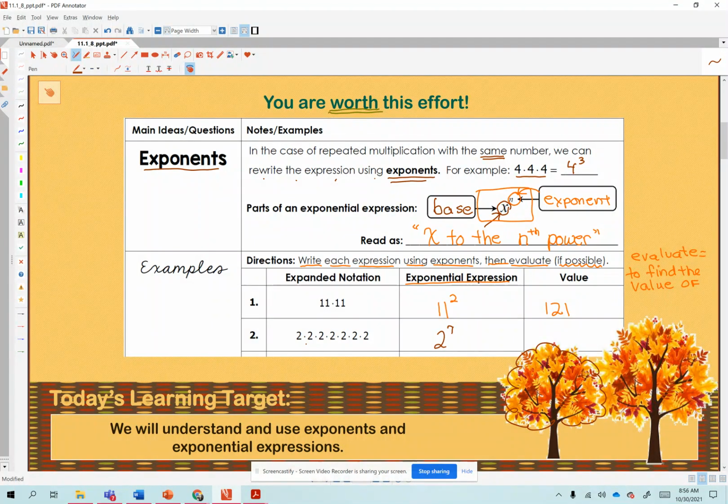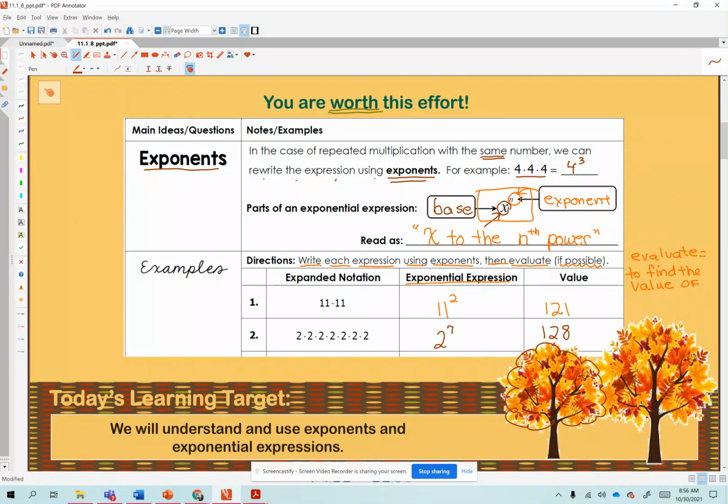Now let's actually spend a minute and go through this. 2 times 2 is 4. 4 times 2 is 8. 8 times 2 is 16. 16 times 2 is 32. 32 times 2 is 64, and 64 times 2 is 128.